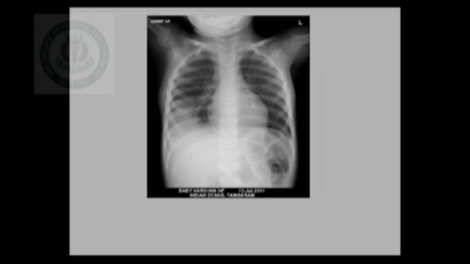Now in contrast, if you look at this particular X-ray, the right heart border is well maintained, but the right dome of the diaphragm is obscured. So we will put the pathology in the right lower lobe, because that is what is in close contact with the right dome of the diaphragm. So you are not able to define the right dome of the diaphragm in this X-ray.